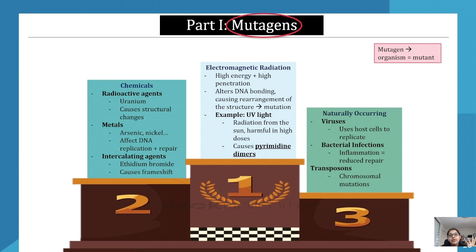An example of an electromagnetic radiation mutagen is UV light. Radiation from the sun can be super harmful in high doses, and as a result it can cause pyrimidine dimers. That is when you would have the bases, and actually there's an image here.